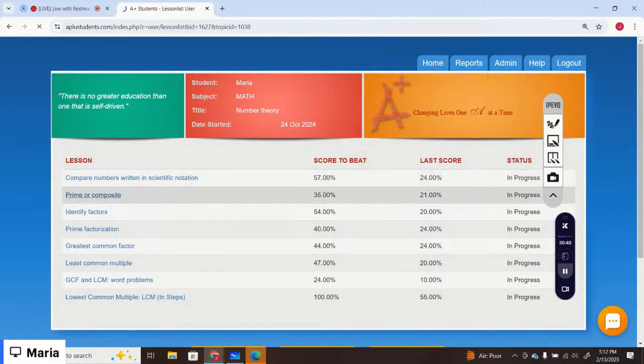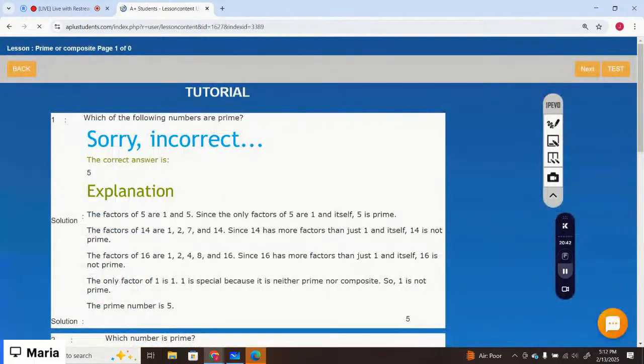Prime or composite? So the first thing you need to learn is what prime numbers are.